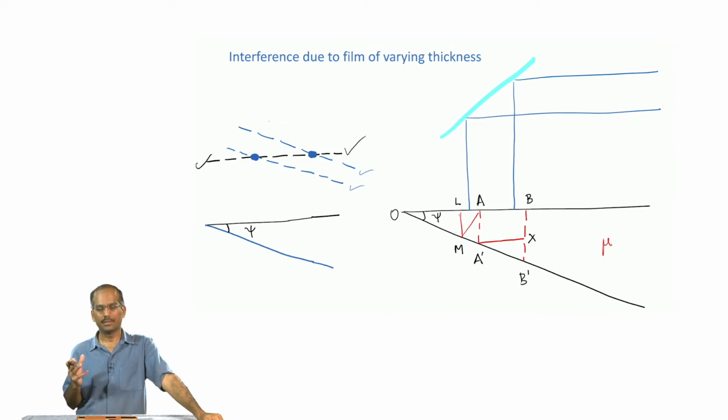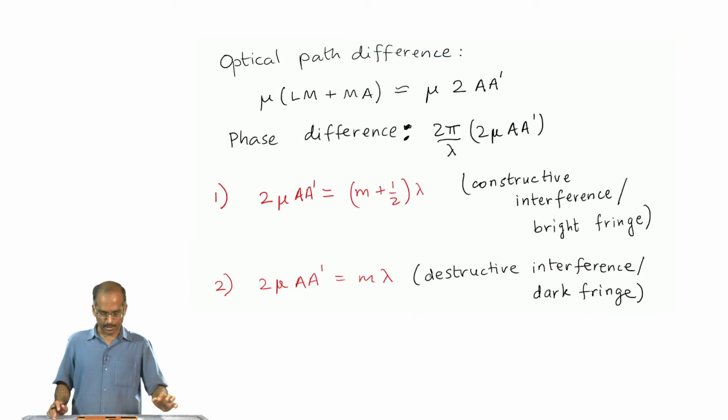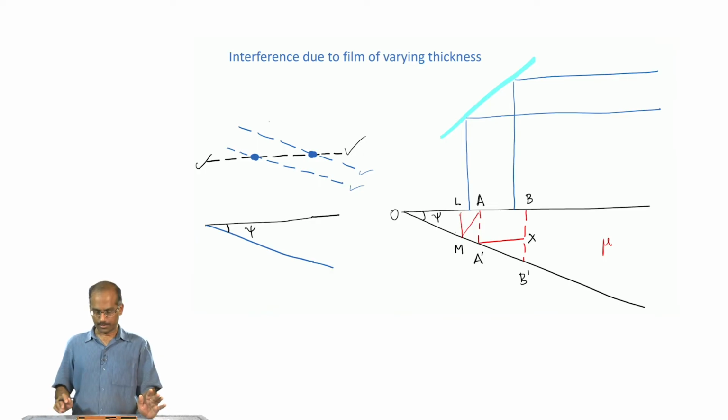and you might imagine that when a beam goes out in the direction of MA, there is still some more path difference we need to account for. The difference here is that we are assuming a condition that psi is sufficiently small that MA is approximately equal to AA prime. So, we will assume that both LM and MA are approximately equal to AA prime.